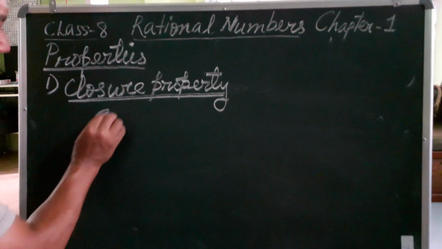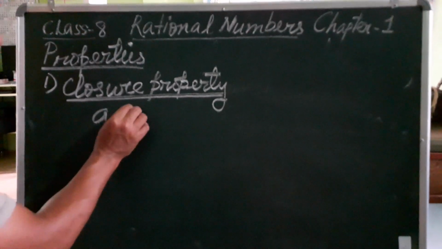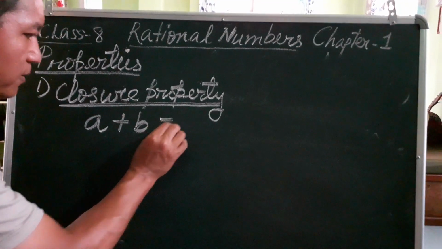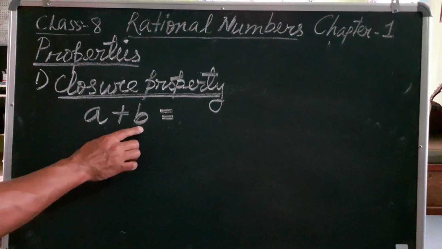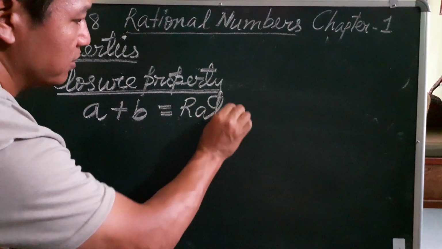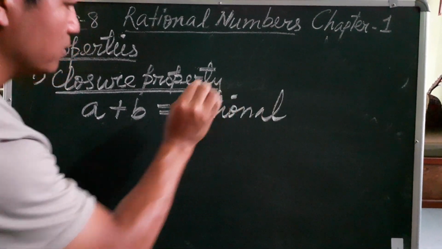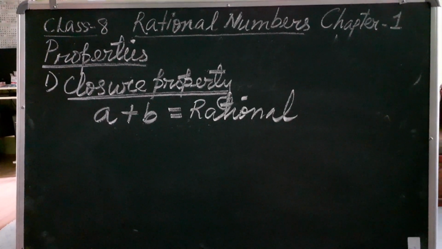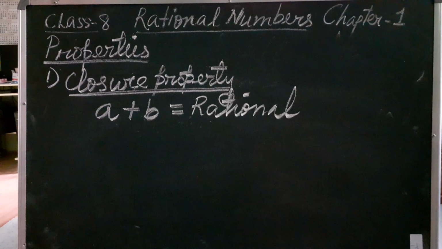A is a rational number and B is a rational number. Then when you add these two rational numbers, you get another rational number. This is called the closure property of addition.